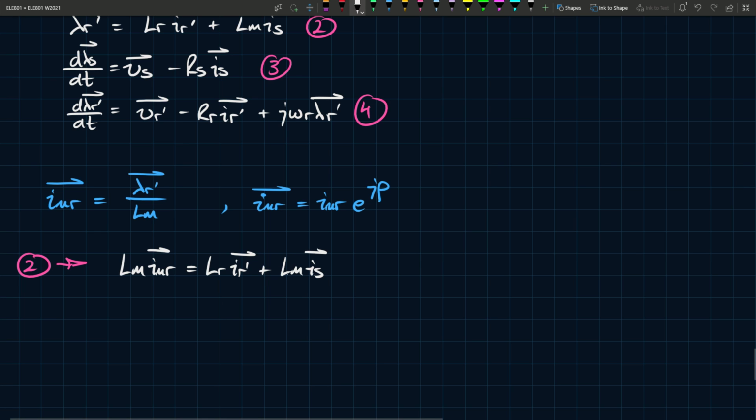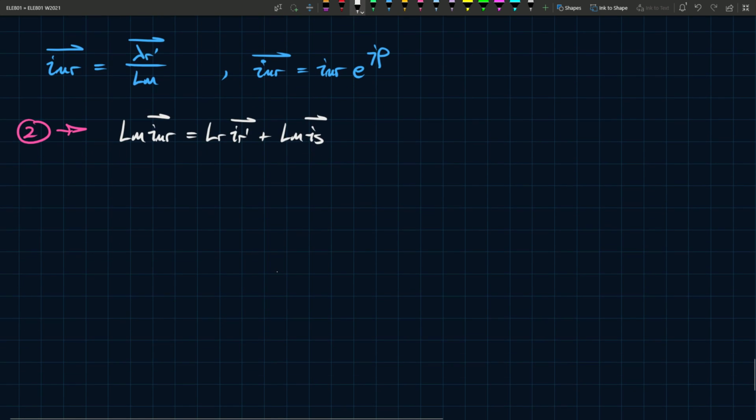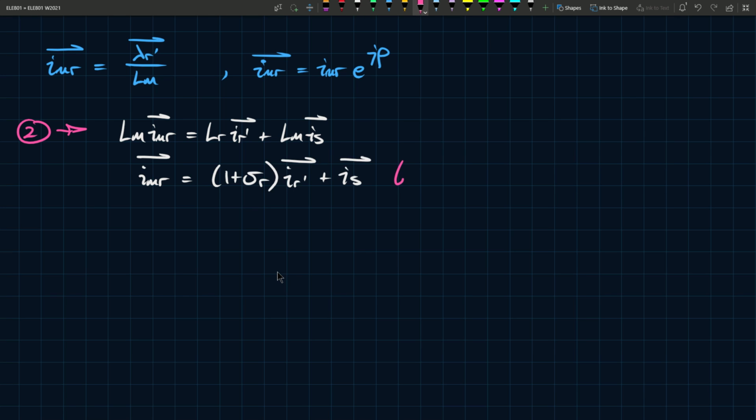And if you recall, Lr can be expressed in terms of Lm using sigma r. And so you can rewrite this whole thing as IMR equals 1 plus sigma r IR prime plus IS. And why don't we call this equation 6?